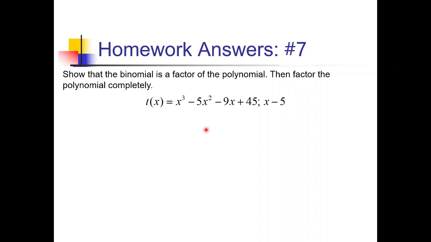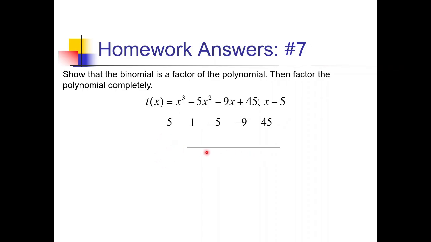One way to do that is to use synthetic division on t of x and see if we get a remainder of 0. So we have our coefficients of invisible 1, negative 5, negative 9, and 45. And the k-value that we're plugging in would be positive 5 because 5 minus 5 would zero out that binomial. So 5 there.